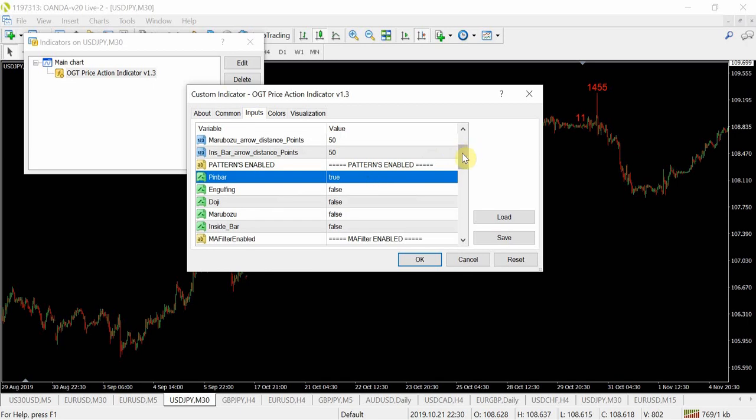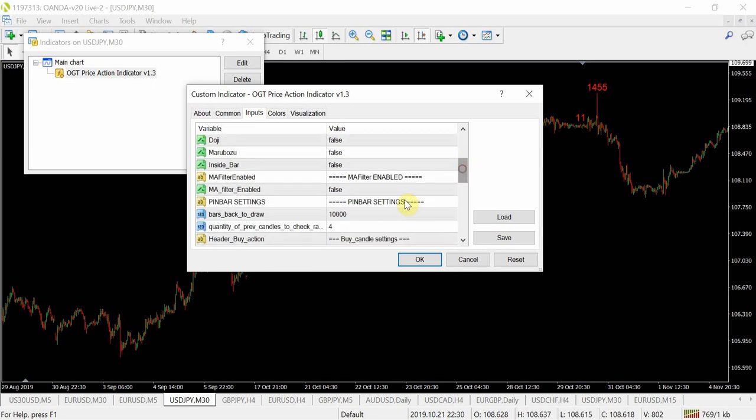I've just selected the pin bar, so I've taken the MA filter off, and what the MA filter does is only show you alerts and indications on trend trading opportunities. So as we're counter trend trading, this should be taken off.